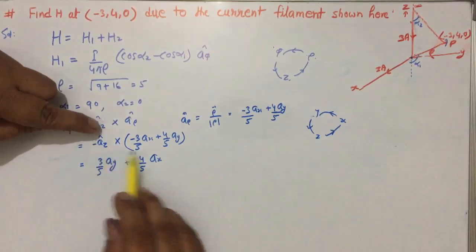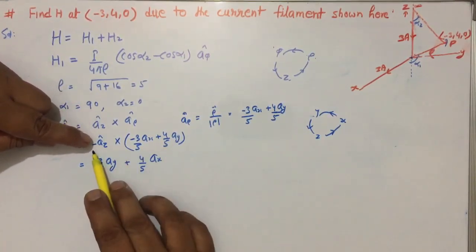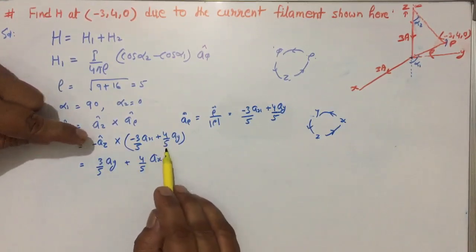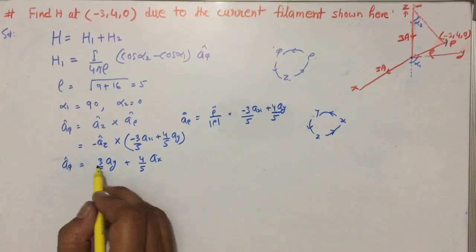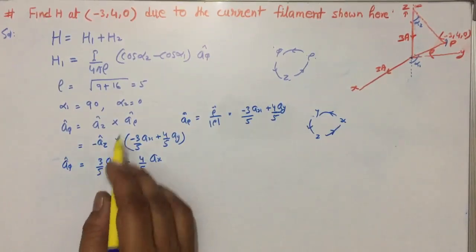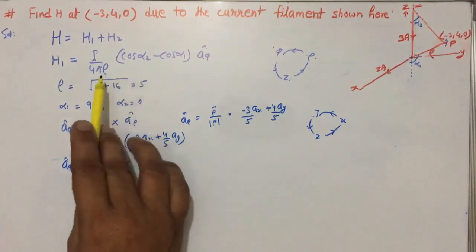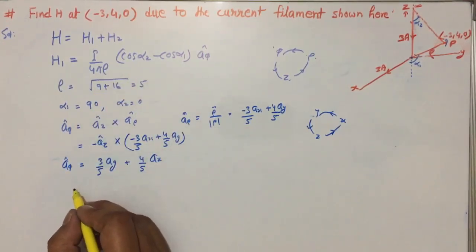In this way a phi is equal to 3 by 5 ay plus 4 by 5 ax. Now put it here. We know a phi, rho, alpha 2 and alpha 1. Put them there and find H1.